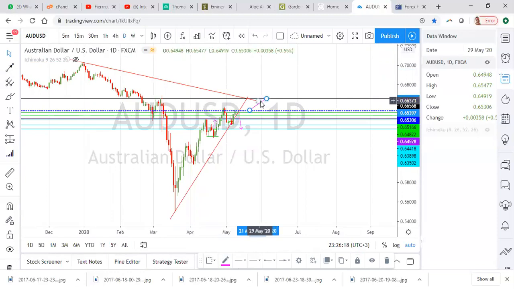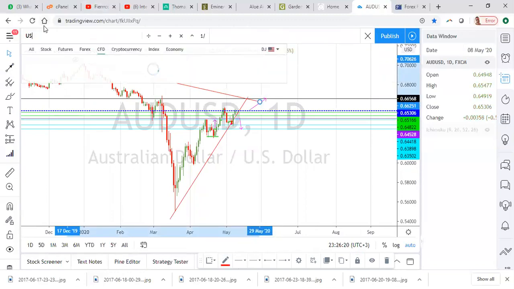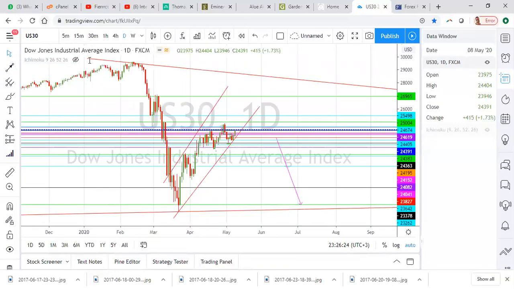Let me look at the indices, because sometimes the indices kind of move. The Australian dollar is kind of pegged a lot on the US economy in terms of how well the US economy is doing. So if the indices, US 30 specifically, looks like it's going up, usually the value of the Australian dollar, I've noticed, goes up.